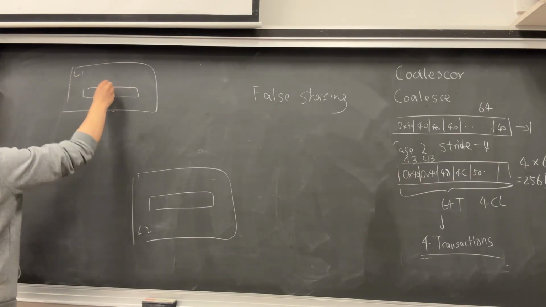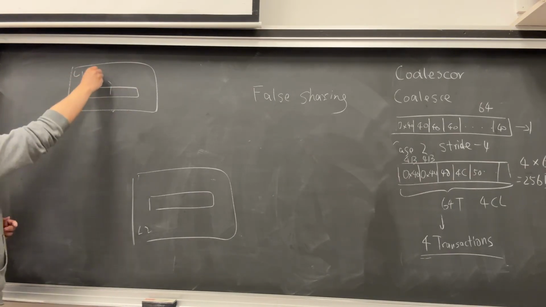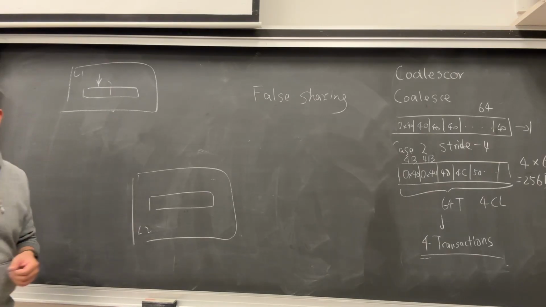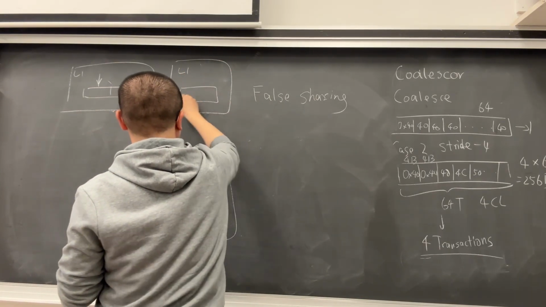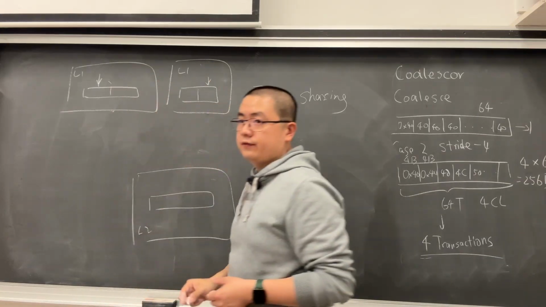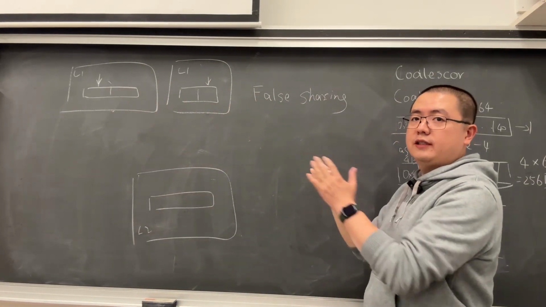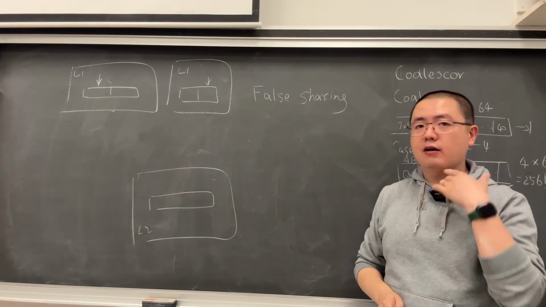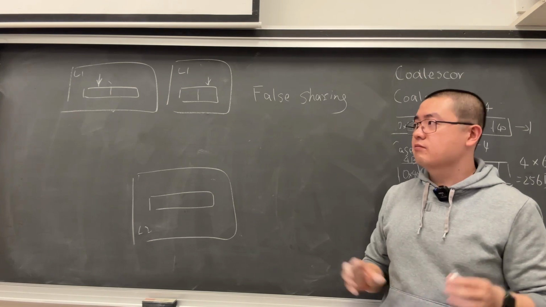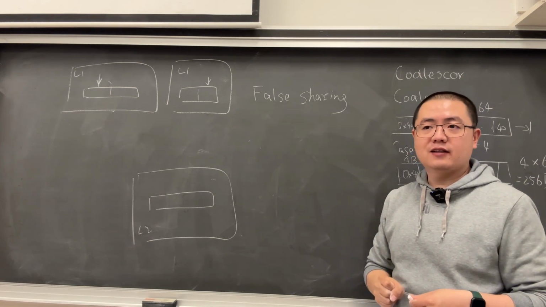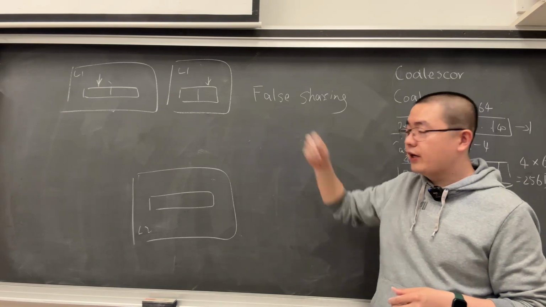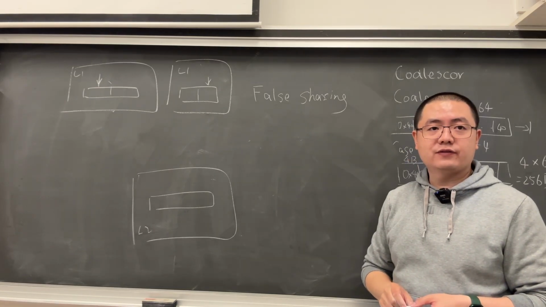For this L1 cache, we only need to write into this part, right? Then for this other L1 cache, we only need to write into the second half. This is totally legitimate. No problem at all, right? Because programmers shouldn't really know which bytes are in one cache line. But in hardware, you have to consider this type of situation.